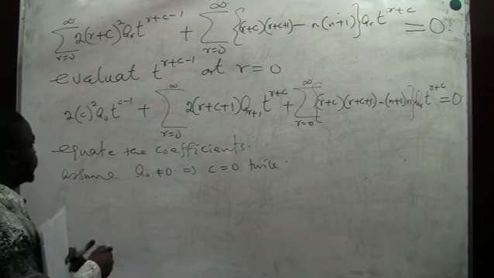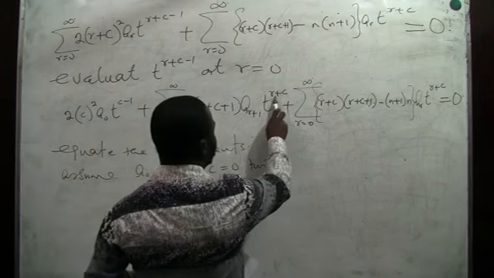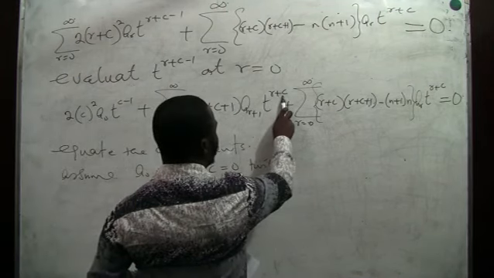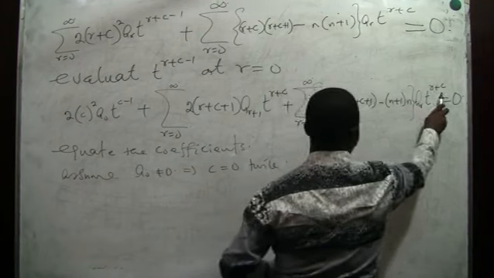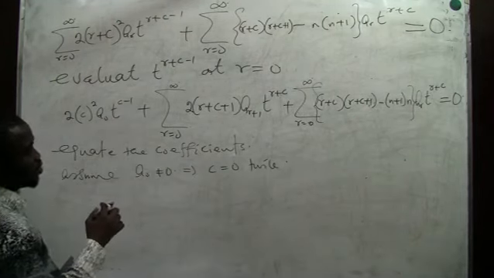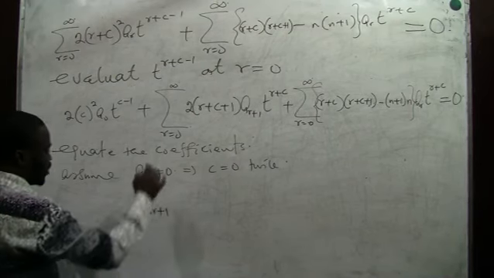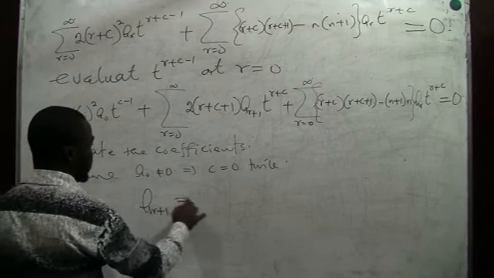So let us continue. So here we have the same power r plus c. Let us equate the coefficient and make the highest subscript the subject of the formula. The highest subscript of a is r plus 1. Make it subject of formula.